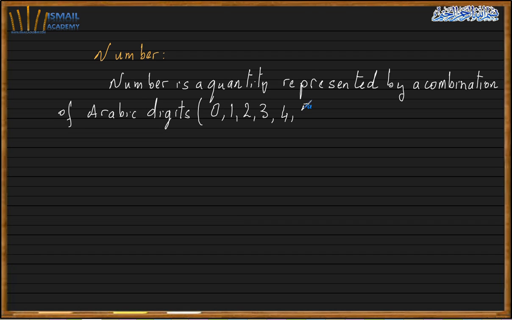For example, 25, you see, uses 2 and 5, which are those two digits. So those are examples of how we use those digits to represent number quantities.